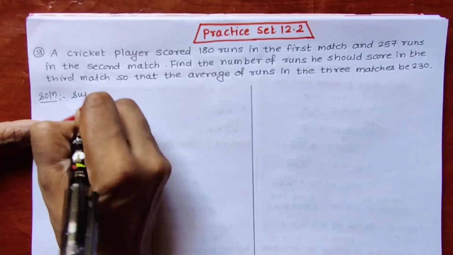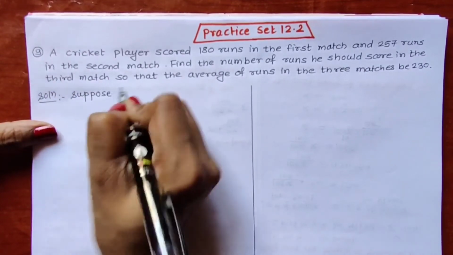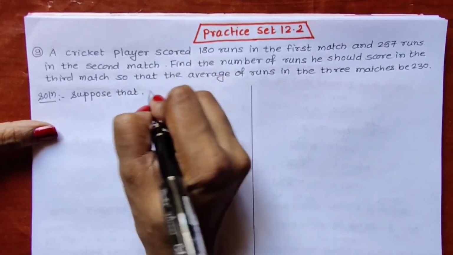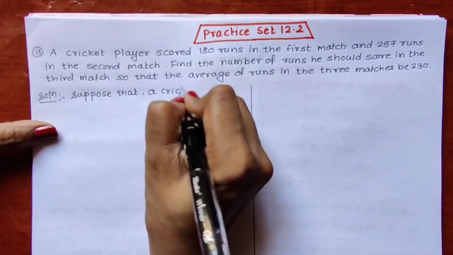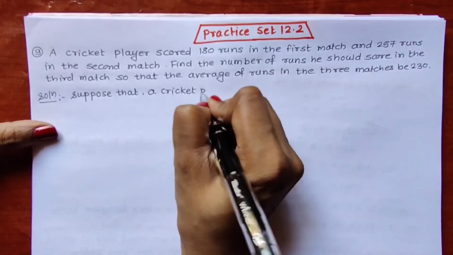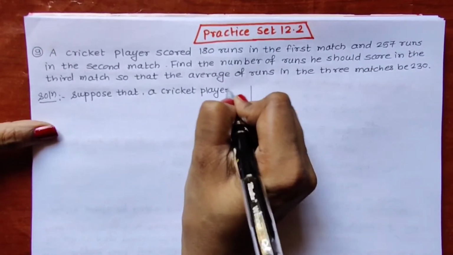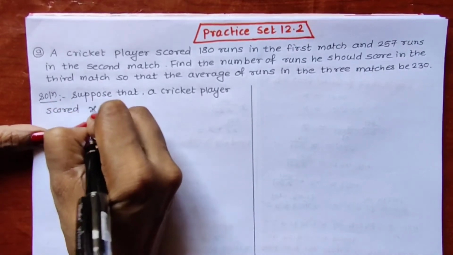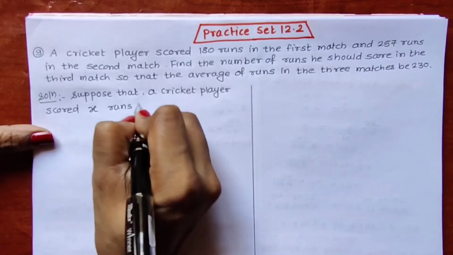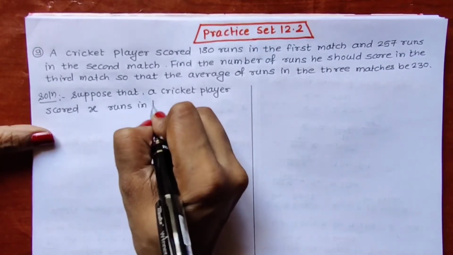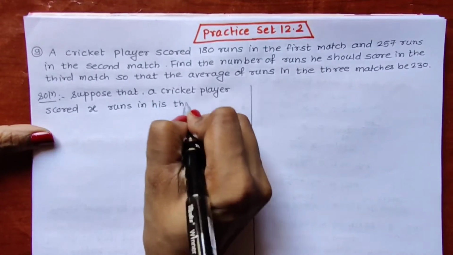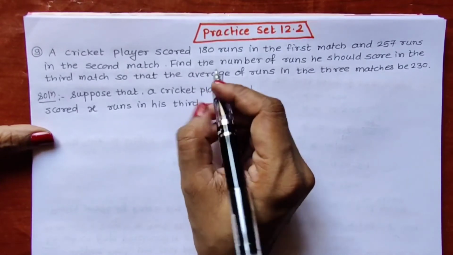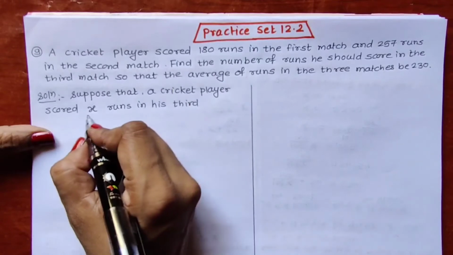So suppose a cricket player scored x runs in his third match. We don't know how many runs he has scored in the third match, so we have to write it as x.